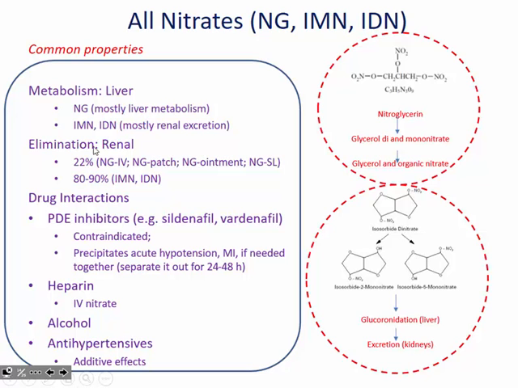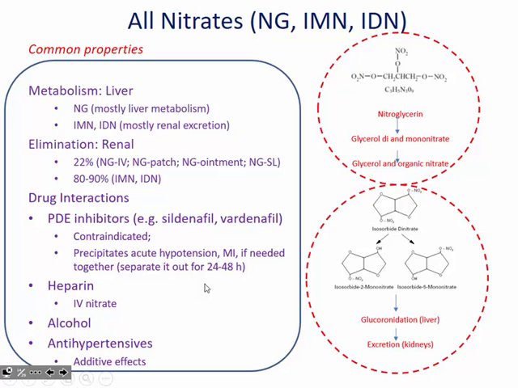One thing to consider when you administer nitrates is drug interactions. You cannot give them along with phosphodiesterase inhibitors like Viagra, because they are known to decrease blood pressure, so it could precipitate acute hypotension when given with nitrates. If somebody is engaged in sexual activity, you have to separate these drugs.